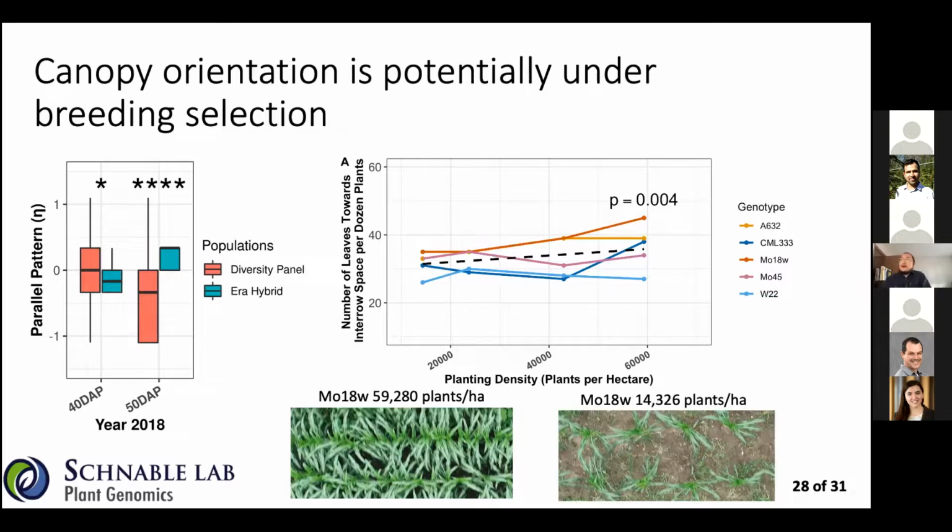Meanwhile, for some genotypes like MO45 and W22, at least in central Iowa, we don't see this; the orientation is fairly consistent across different planting densities. So this implies that the number of leaves pointing towards interrow space can be used as a trait to evaluate how plants adapt to high planting density.